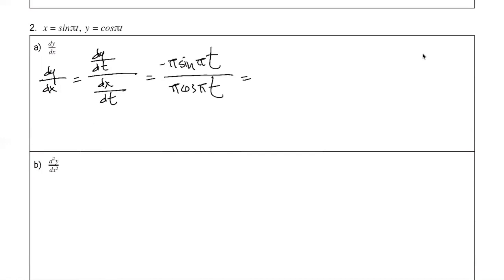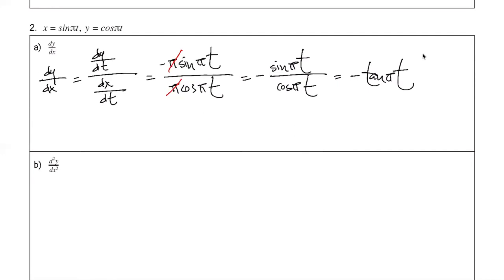Now, if I only wanted to find the first derivative, I could stop here. Since I know I want to find a second derivative, I'm going to simplify here. Those pi's cancel out, and I get negative sine pi t over cosine pi t, which is reducible to negative tangent pi t.